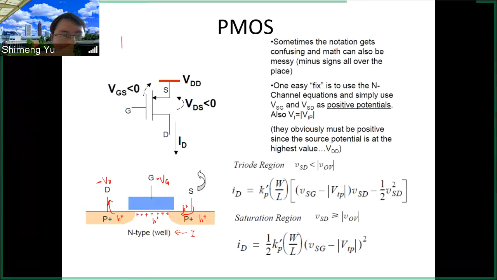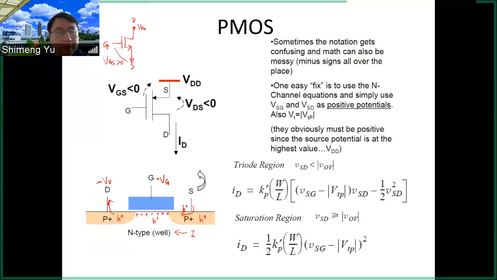So if you compare to the NMOS that we discussed before, here is the gate, here is the source, and here is the drain. For NMOS, typically we ground the source and apply a large voltage, for example your power supply, to the drain, and your gate voltage VGS is positive.